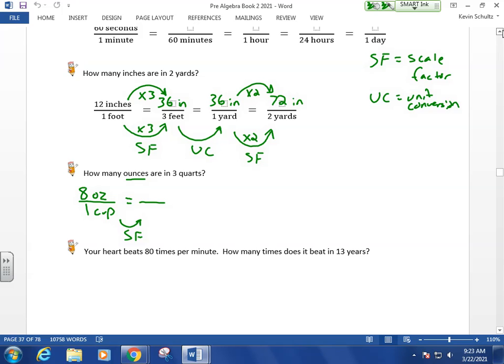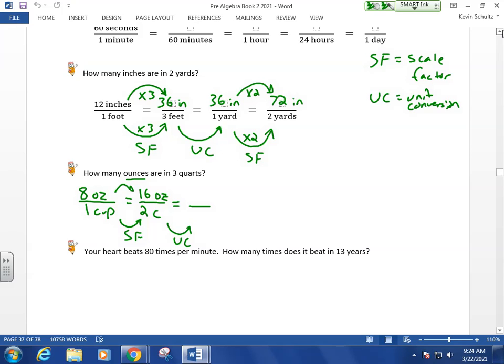We don't know what 3 cups is. We're going to go to 2 cups because 2 cups is going to lead us to our unit conversion, right? It's a scale factor, so we have to double the numerators as well. So 16 ounces in 2 cups, which leads us to our unit conversion, which means the value doesn't change here.